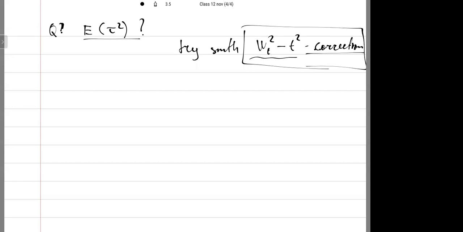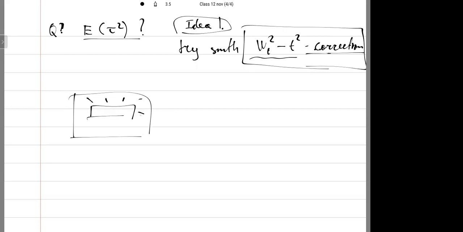W_t minus t squared will not be a martingale, but I think a small correction would make it a martingale, and we can go this way. Idea one, squaring the martingale and correcting the process to be a martingale. But my idea is the same rules inside the casino.